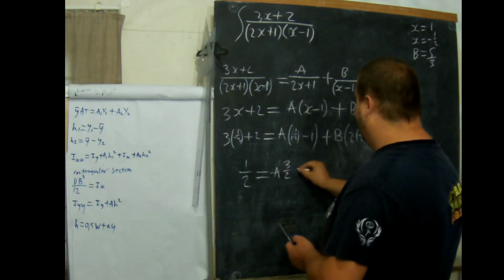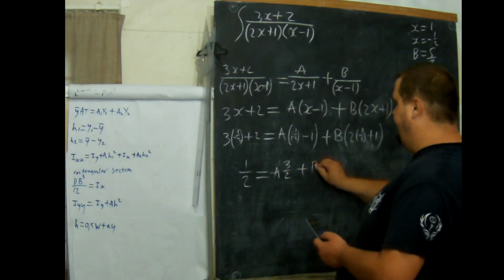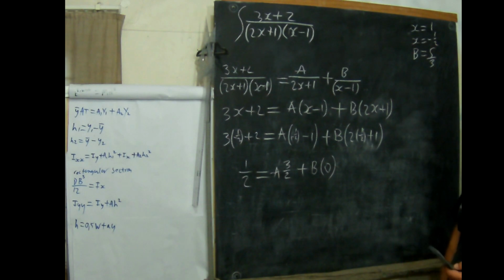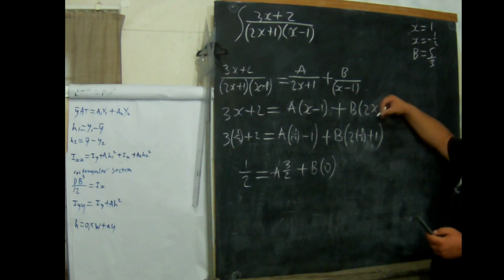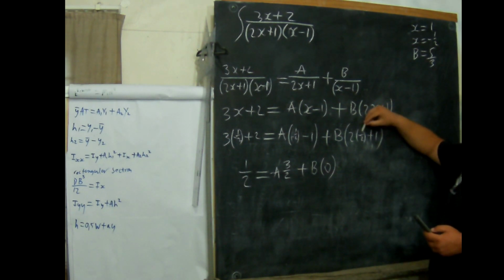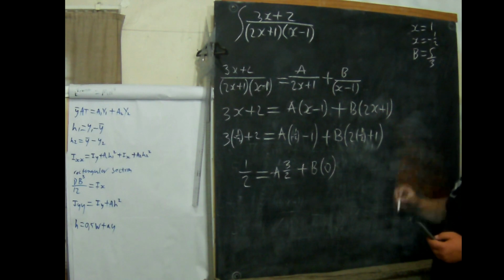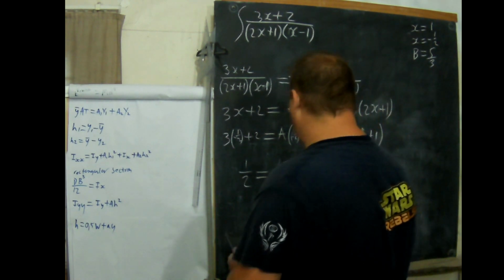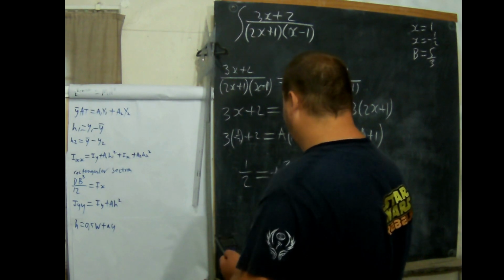So it'll be, and then plus B times 0. 2 times a negative half is negative 1. Negative 1 plus 1 is 0. So B is times 0, so B is gone.